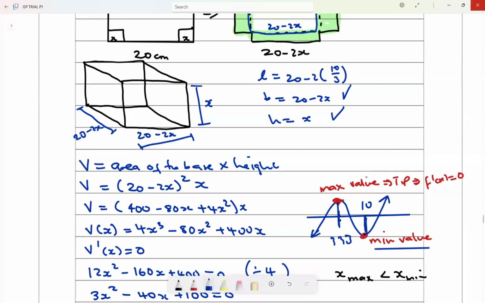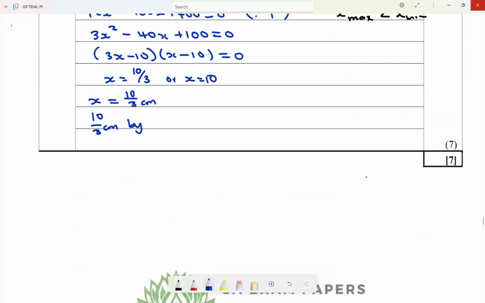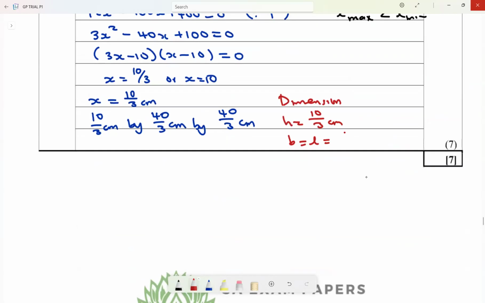When I do the mathematics, this will be 40 divided by 3. So by 40 divided by 3 centimeters by 40 divided by 3 centimeters. Or you can just say the dimensions: the height is equal to 10 divided by 3 centimeters, and the base, which is equal to the length, is going to be 40 divided by 3 centimeters.